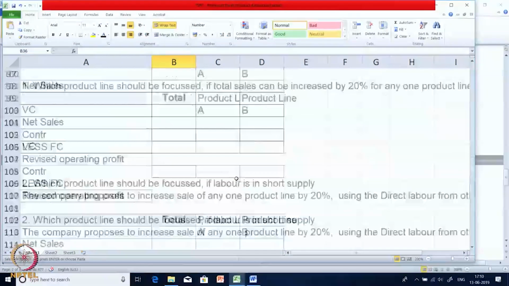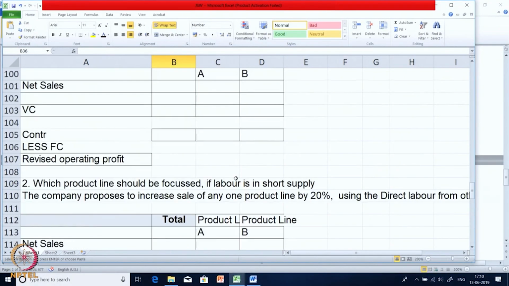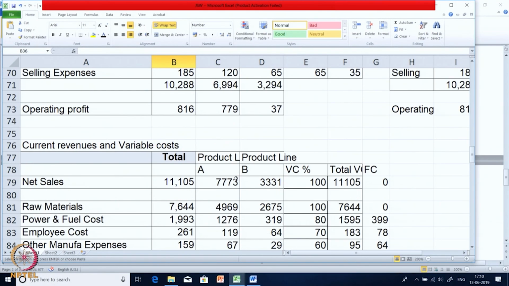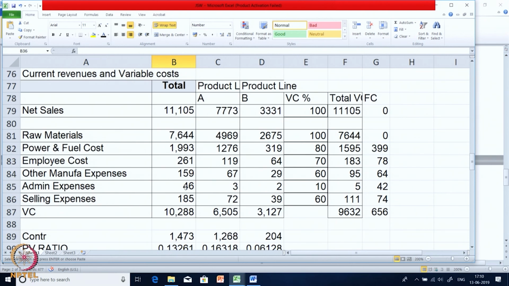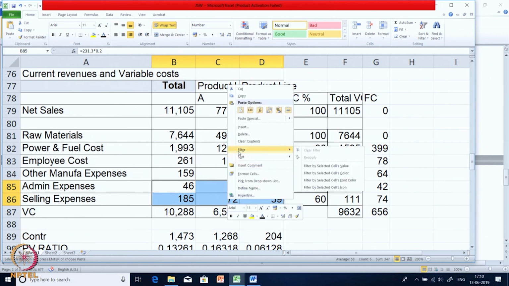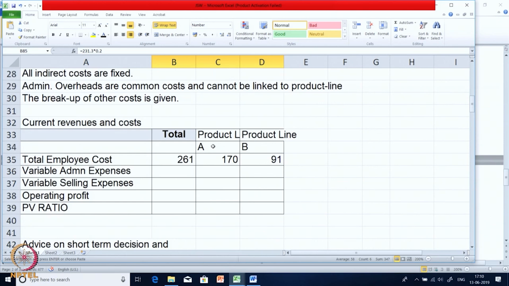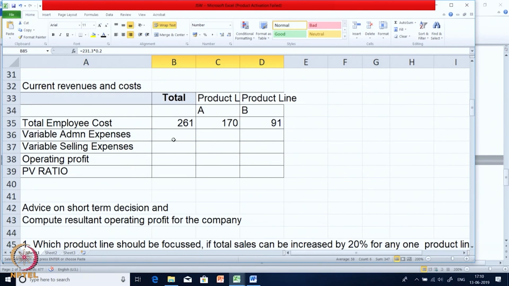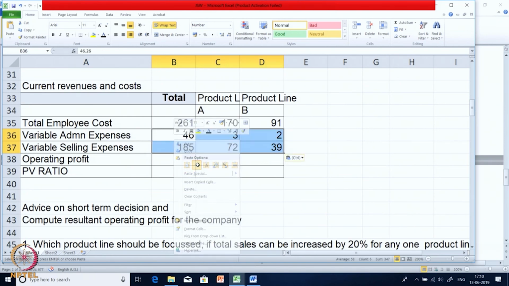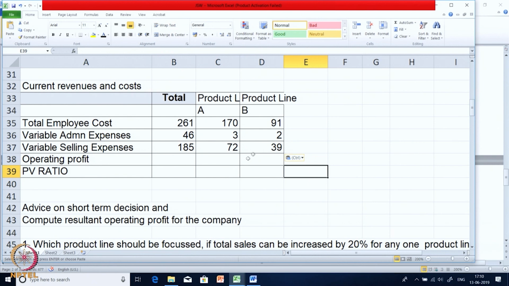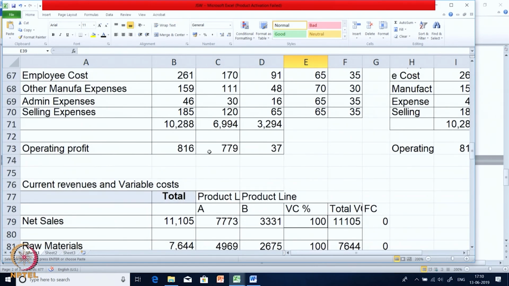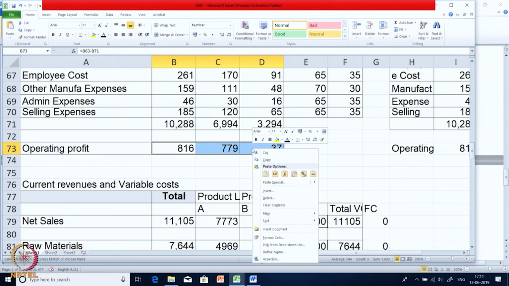For variable, go to the lower table where we have separately shown the variable costs. So admin, selling and total. Getting it? Operating profit broken into A and B. Here you can take the total operating profit.